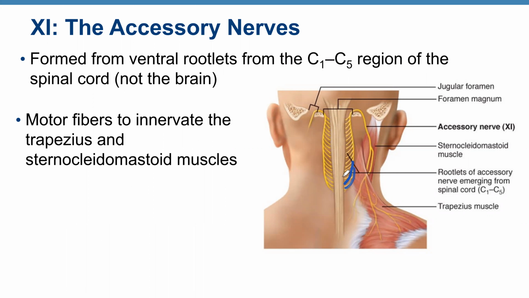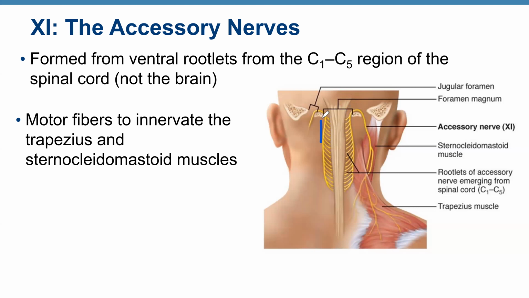So look, all these rootlets mix together and they move up through the vertebral foramen, and then they move back down through the jugular foramen.